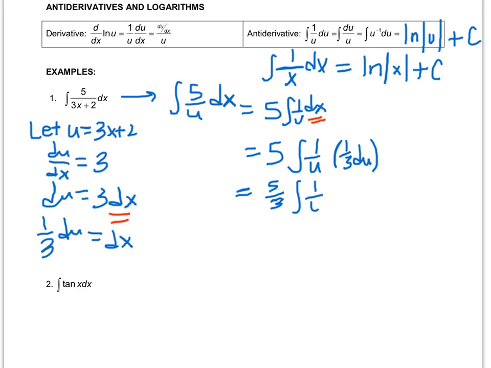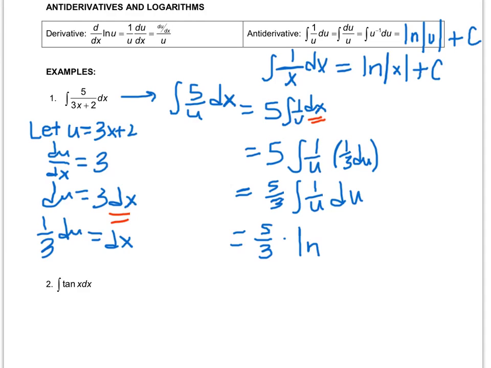1 over u du. And now it's in the form that's shown up in this box up here. This is the 1 over u du. So that is an antiderivative that'll give us the natural log of the absolute value of u.